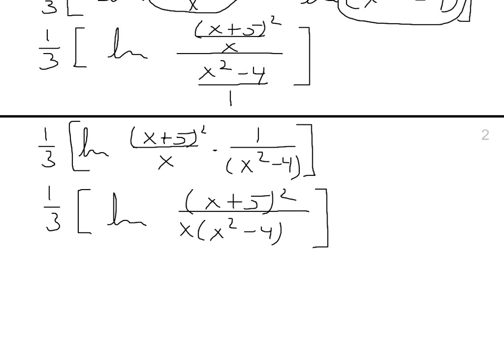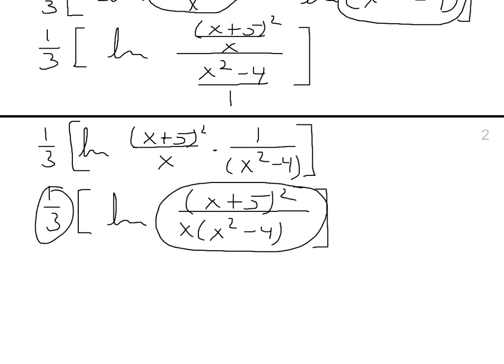The only thing left to do is to take care of this 1/3 that's sitting in front of the logarithm. We have a property that says numbers in front of logarithms get to go up top as exponents. So we can put this 1/3 and make it an exponent on the argument of the logarithm.